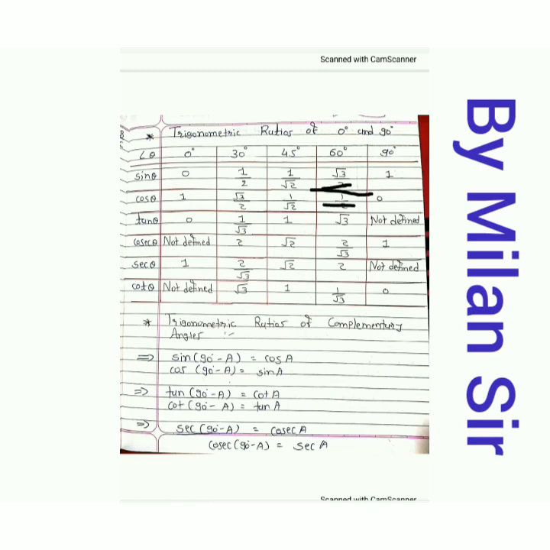Then no need to divide the number by 1 because we get the same answer. So under root 3. And for the 90 degree, 1 upon 0. Now 0 is present in the denominator. That means our term is not defined because it is not possible, right? So not defined.